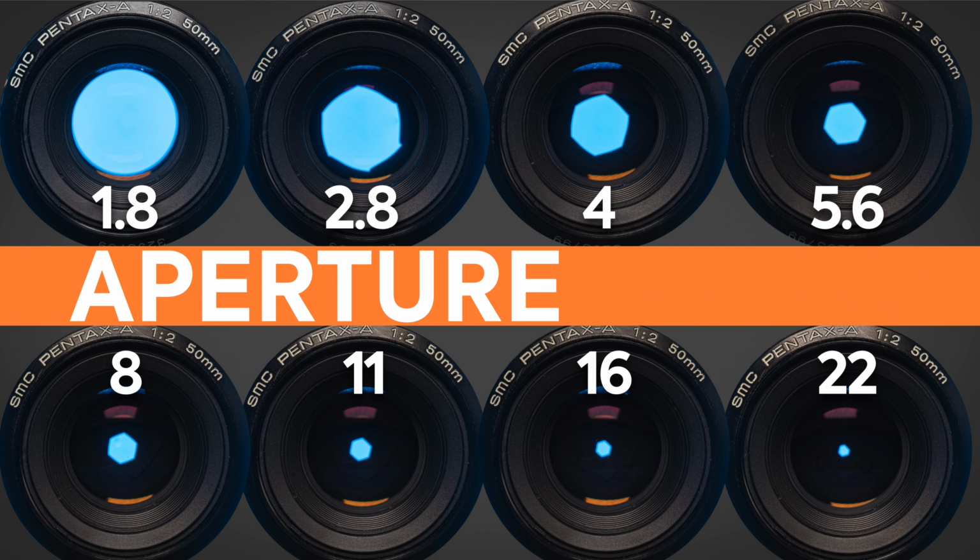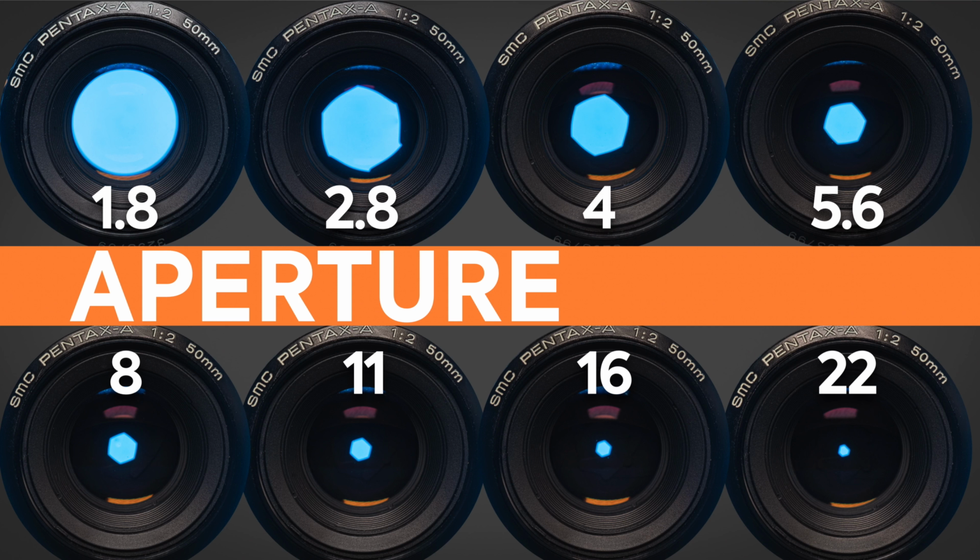Another confusing element of aperture is the numbers do not progress, the amount of light you get does not progress arithmetically. So for example, with 2.8, you can do the reasoning that, okay, it's a smaller number, so I'm going to get more light, and I must get twice as much light as f5.6 because it's half the size of it.